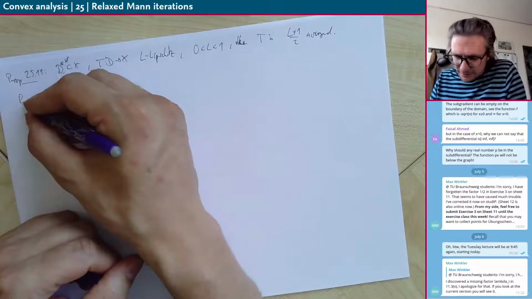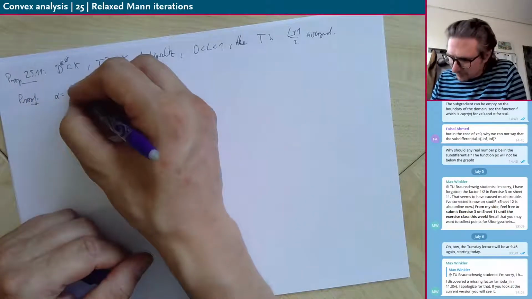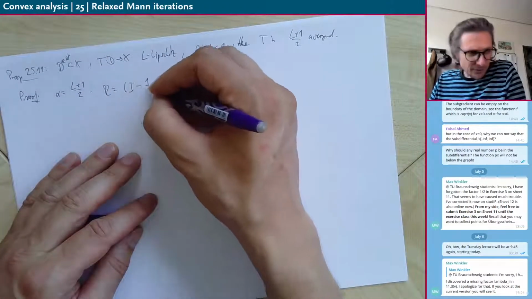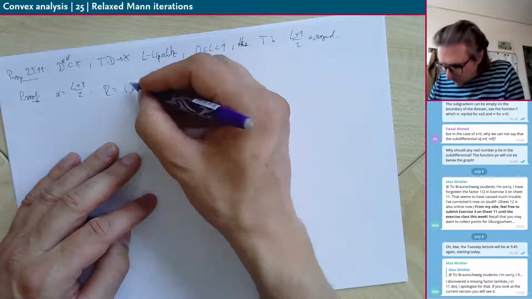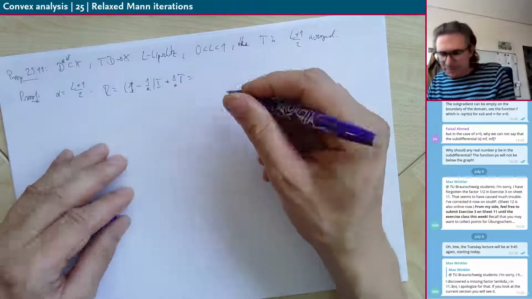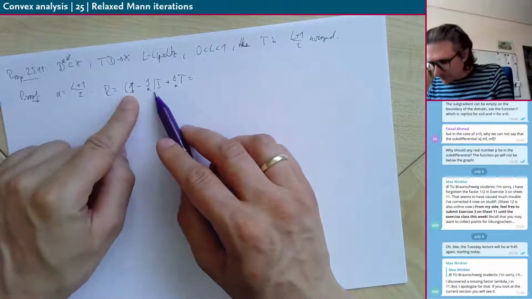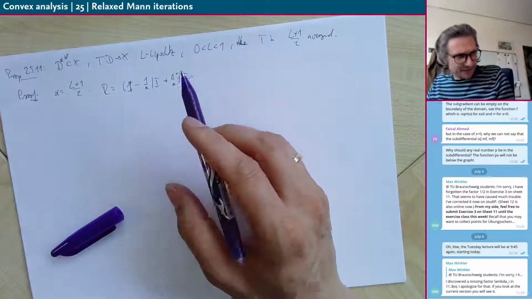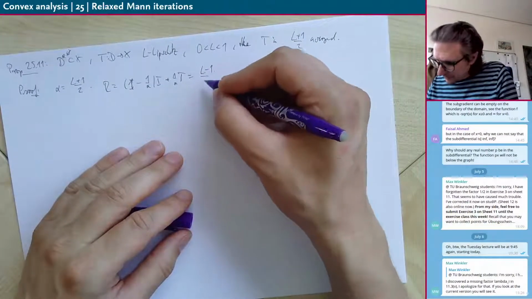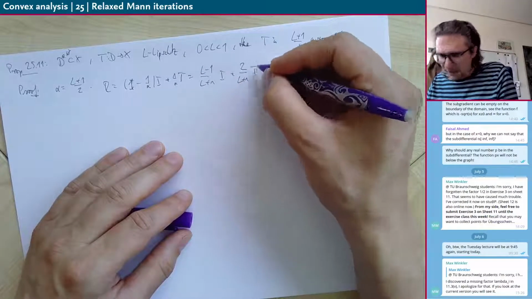In the proof, you can just call this alpha here and check what you get for (1 minus 1 over alpha) identity plus (1 over alpha) T. With this alpha and calculating this stuff, you get (L minus 1) over (L plus 1) times identity plus 2 over (L plus 1) times T.